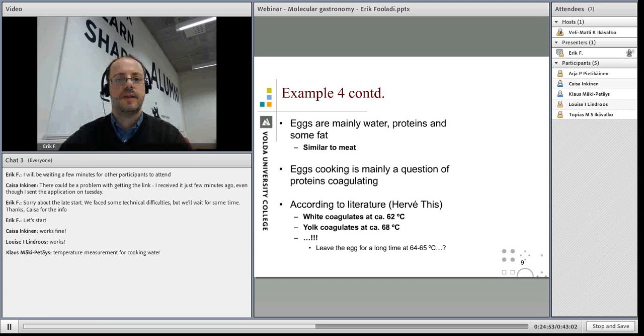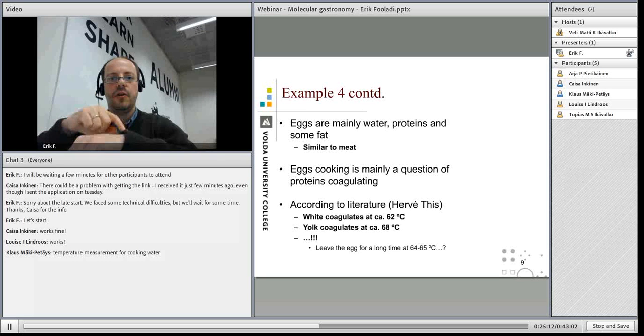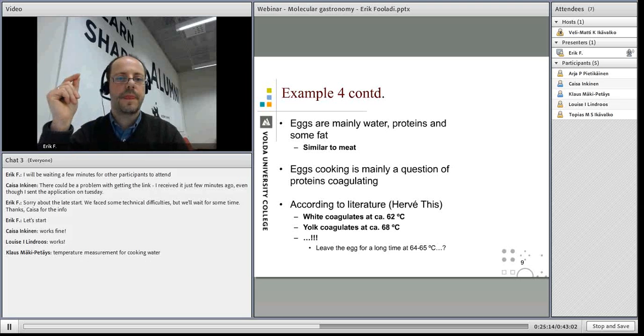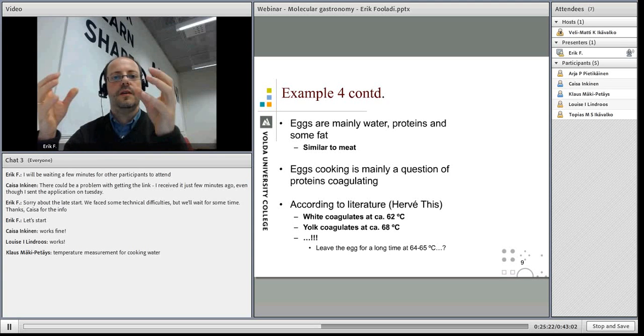Either we boil the water, and then plop the egg into that from room temperature or from fridge temperature straight up to 100, or we leave it in the cold water and then heat it up until 100, and then we keep it at 100 degrees, and then we take the time, and we hope that at this point the white should be solid and the yolk should be soft, and we can take it out and maybe even put it in cold water to stop the process going further.